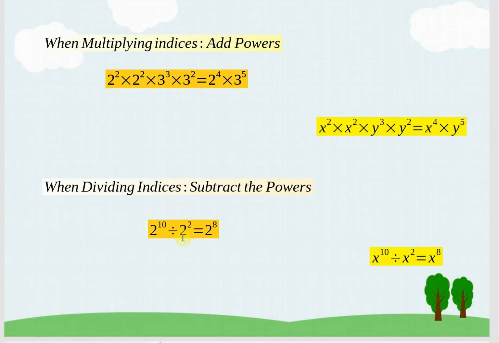Since these are 2 and 2, I can subtract. So I have 10 minus 2, which gives me 2 raised to the power of 8. And I did a similar thing with x and x. I just write x, and then I subtract their powers to get 8.